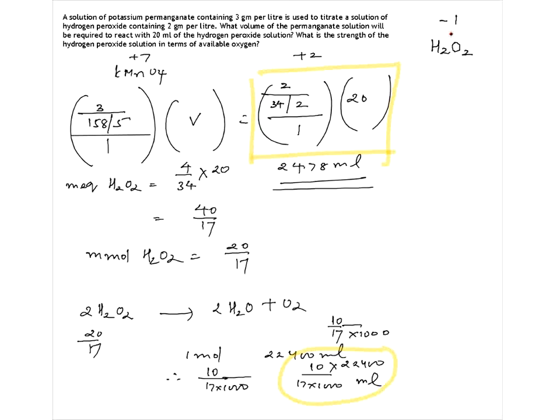Now, I hope you have got 24.8 approximately ml. That answers this part. Now, coming to this part. You already know the molarity of hydrogen peroxide.